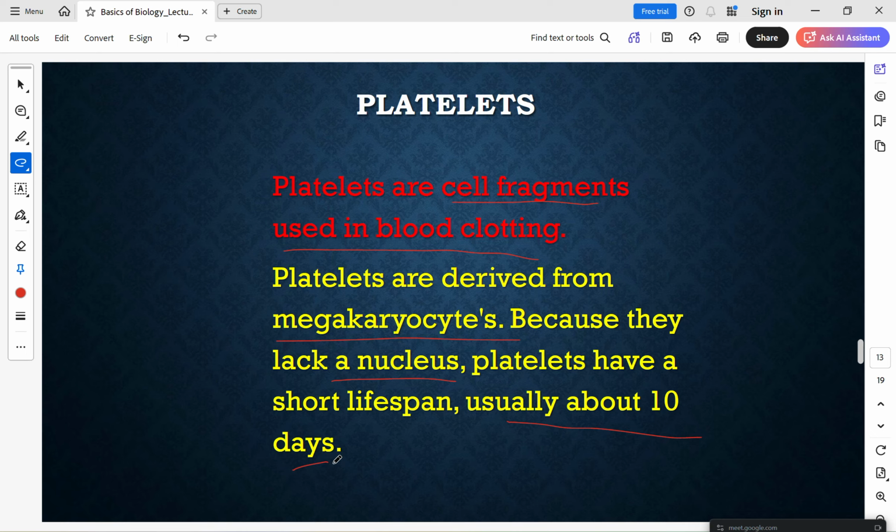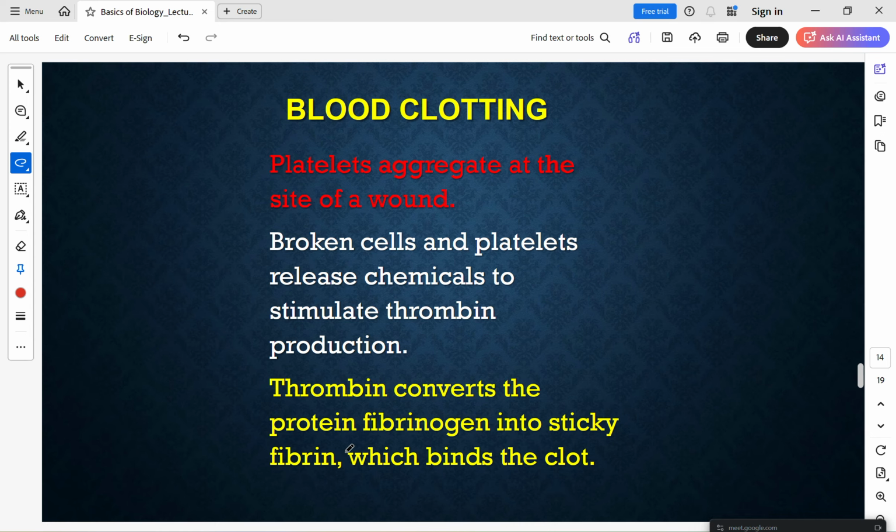Some of them get removed and new ones get added. They aggregate at the site of the wound. So if there is a break at any point in the capillary, the injury signals platelets to come and start binding here.